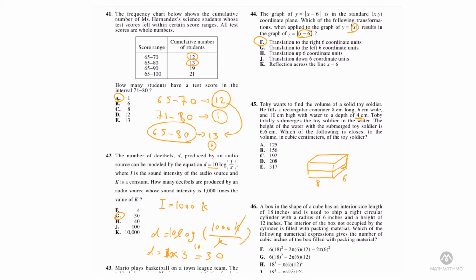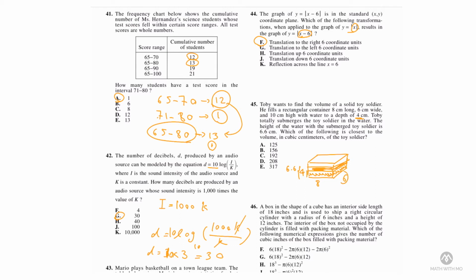So here we have water, and this value is 4. Now if you submerge the toy, the water comes up until the whole thing becomes 6.6. So the volume of the toy is the volume of this increased water. So what is the volume of this increased water?